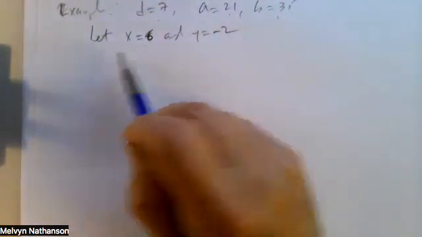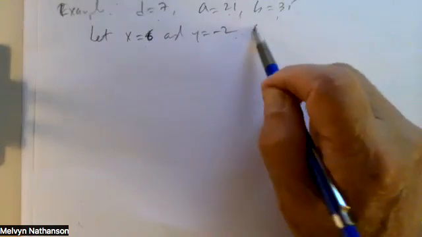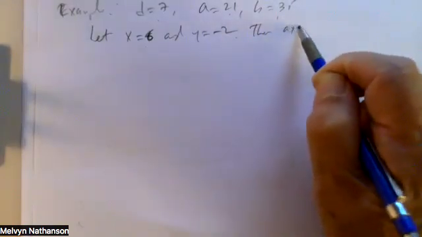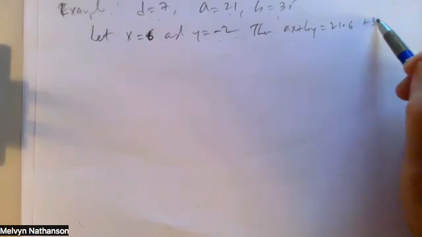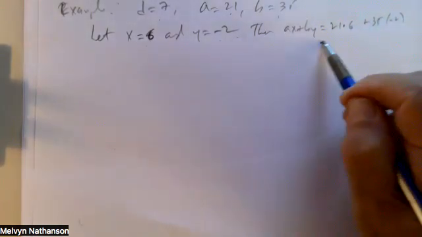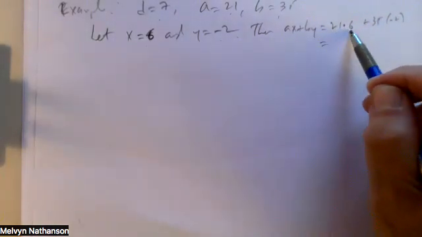So in that case, what is the number ax plus by? ax plus by is 21 times 6 plus 35 times -2. Let's see, 21 times 6 is 126, minus 70 is 56. It's 56 divided by 7. Yeah, it's 7 times 8.